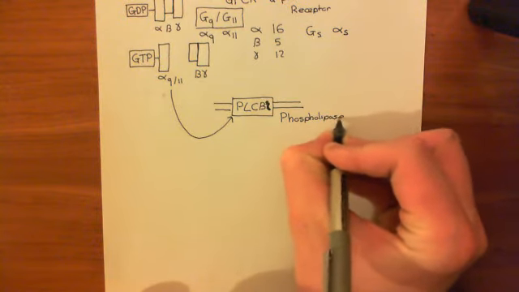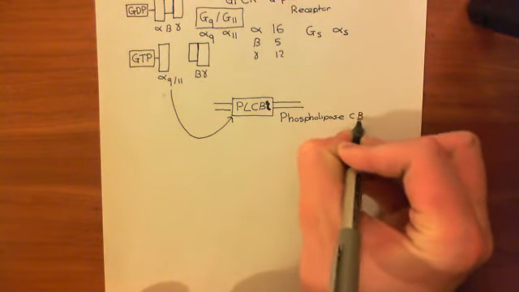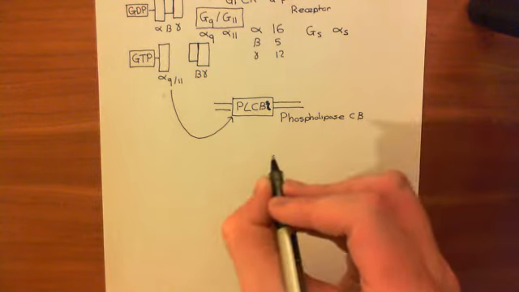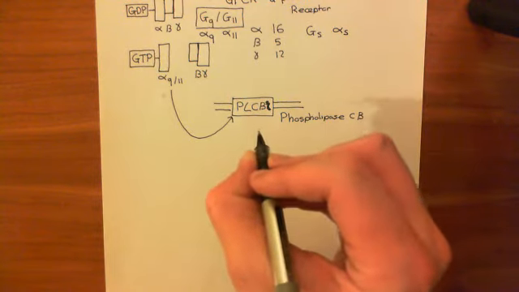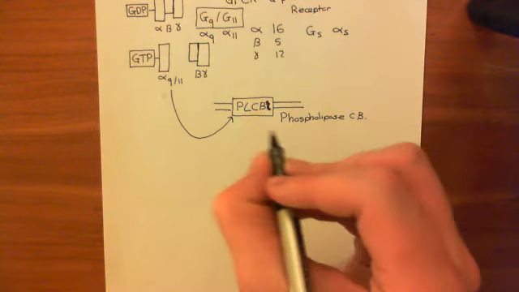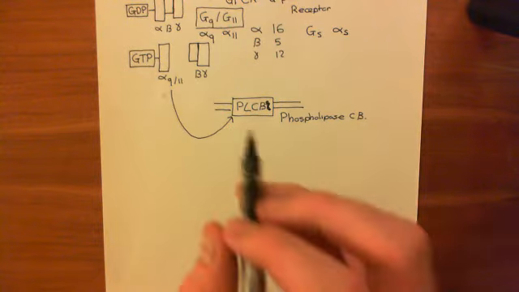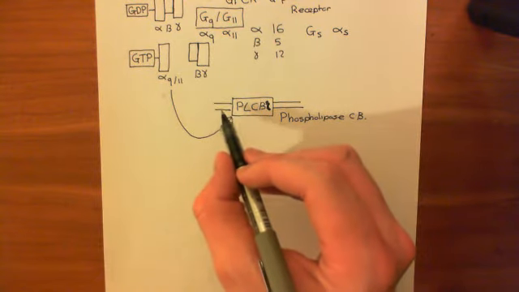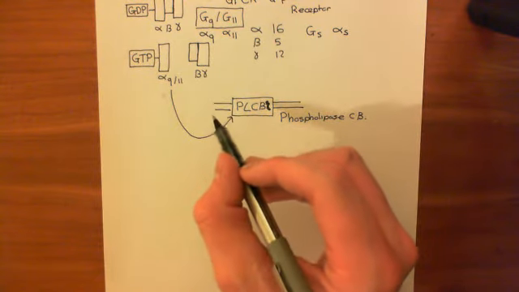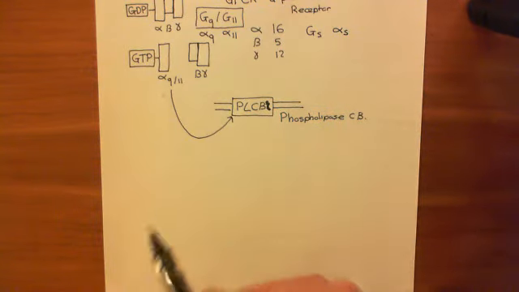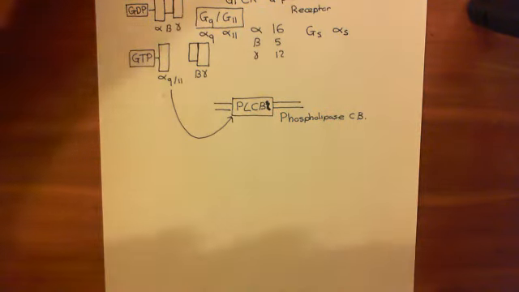Okay, so once you've activated phospholipase C beta, that is now going to carry out a reaction in which it breaks down a molecule known as PIP2, which is constitutively found in the cell membrane, into IP3 and DAG, and we'll look in more detail in the next video at what that means.